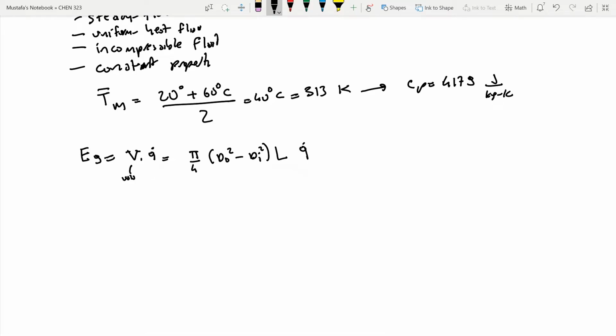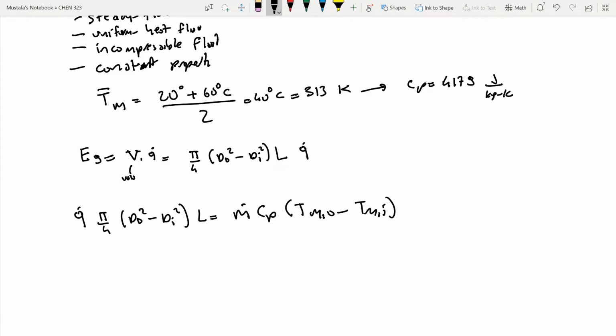And this is constant. So Q dot pi over 4 (d_o square minus d_i square) L is equal to m Cp (Tm out minus Tm in).